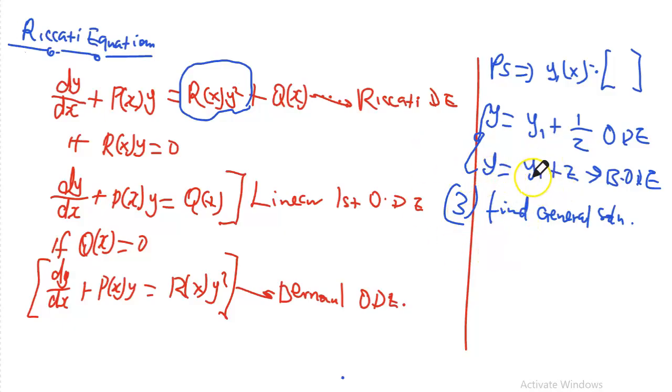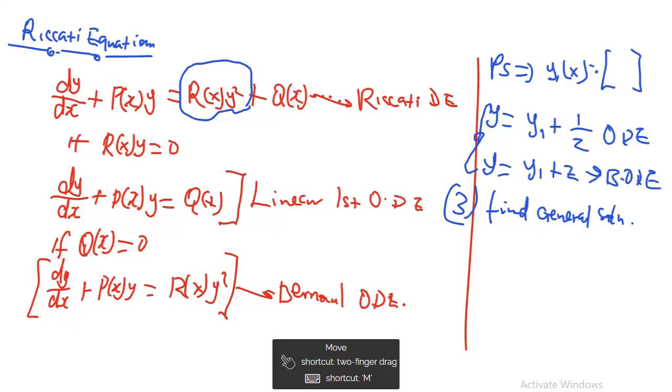And we know for us to find general solutions, you need the complementary solution and the particular solution. Once you find your particular solution and your complementary solution, you add them up and get your general solution for the given Riccati differential equation.